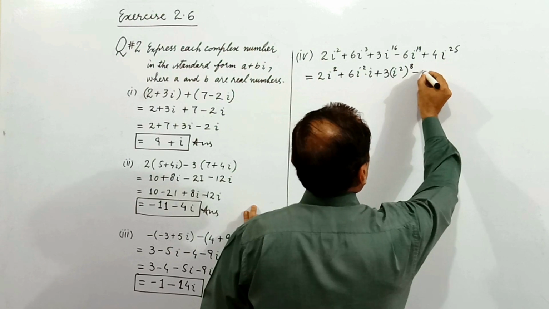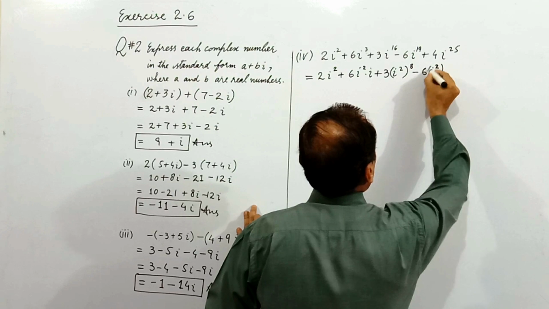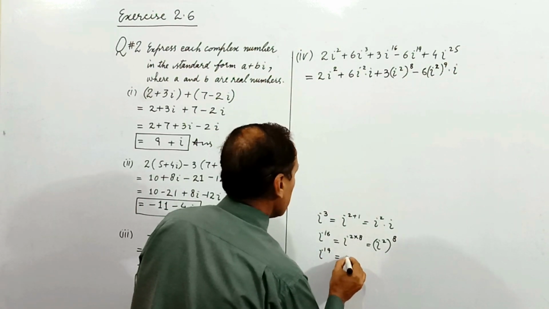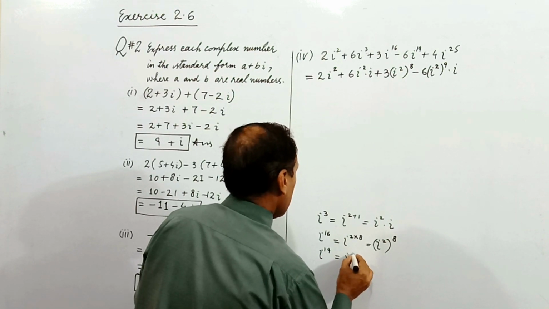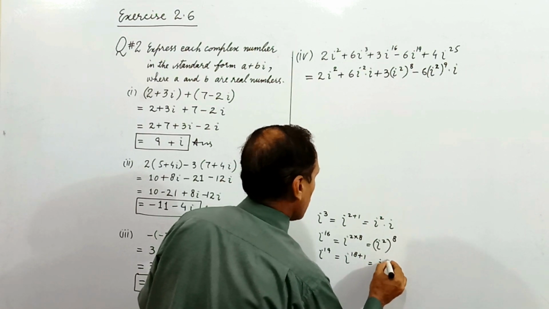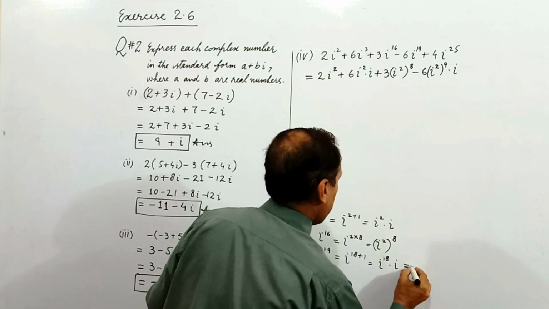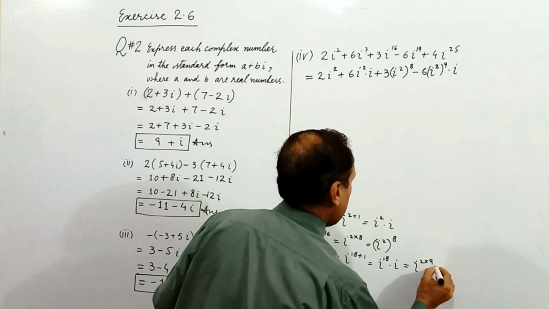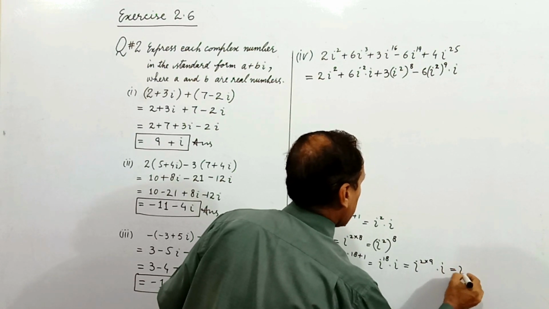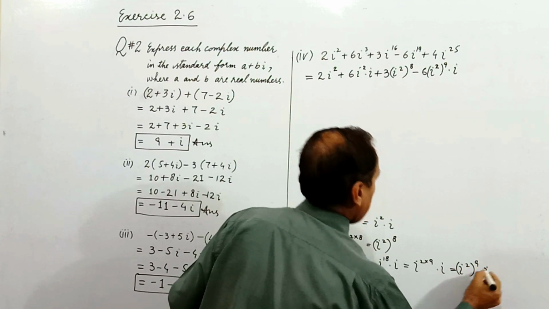In the next term, minus 6 iota 19 can be written as iota square whole power 9 dot iota. Iota 19 is equal to iota 18 plus 1, and that is equal to iota 18 dot iota, and that can be written as iota 2 multiplied by 9 dot iota. And finally we can transform it to iota 2 whole power 9 dot iota.